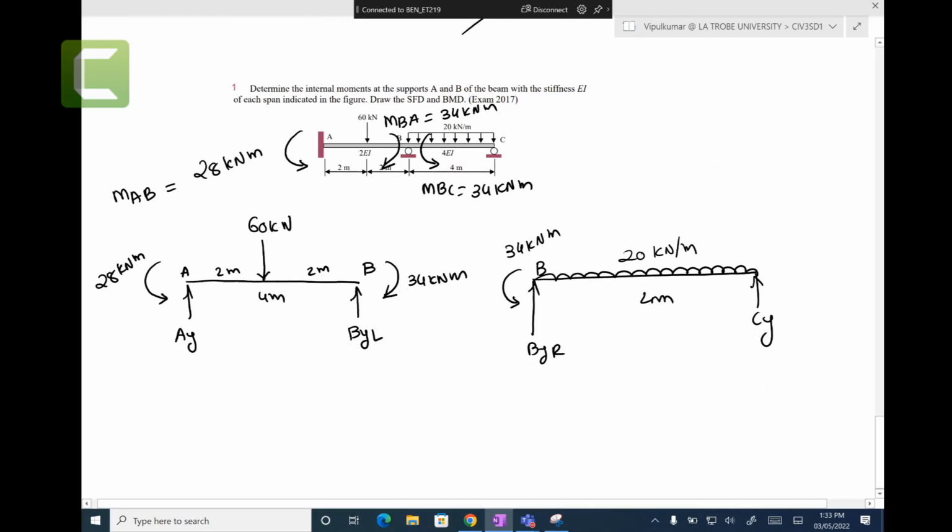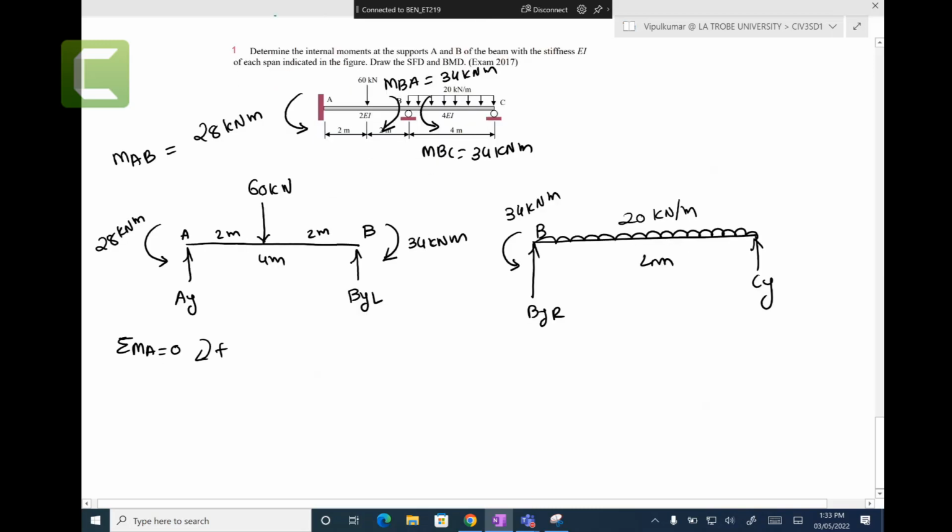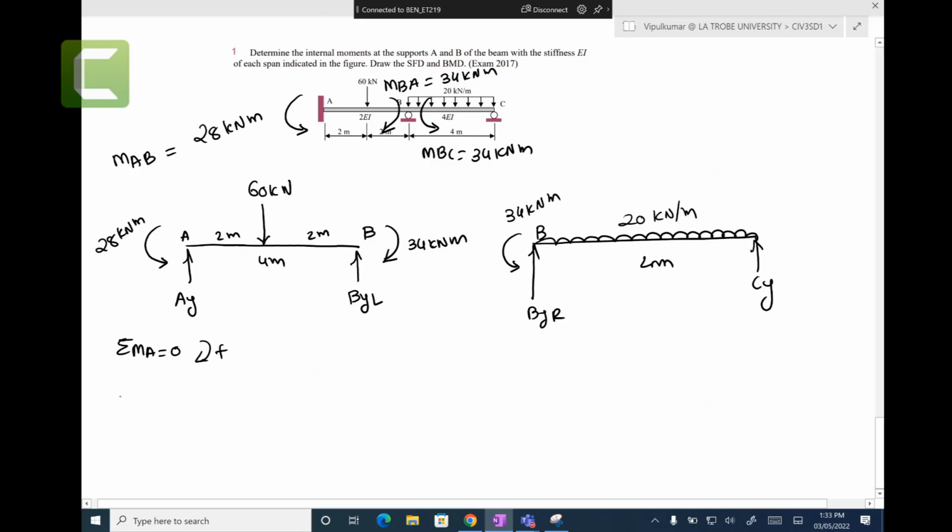All right, now let's take the moment at point A equal to 0, clockwise positive. Let's keep it clockwise positive for that case. 34 kilonewton meters minus BYL times 4 meters plus 60 kilonewtons times 2 meters minus 28 kilonewton meters equal to 0.